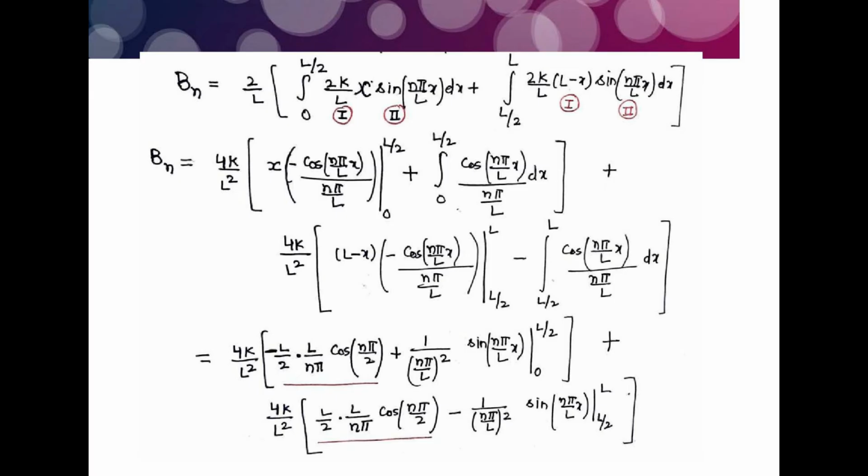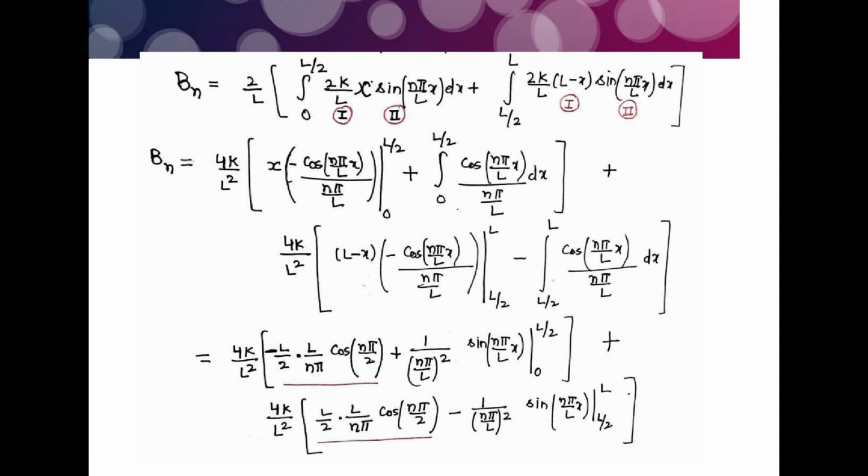I am not discussing the details of the calculations here. The integration part is easy, so we will integrate twice, and finally we get the values. See the last expression here. After integrating and putting the limits, we have something like this.